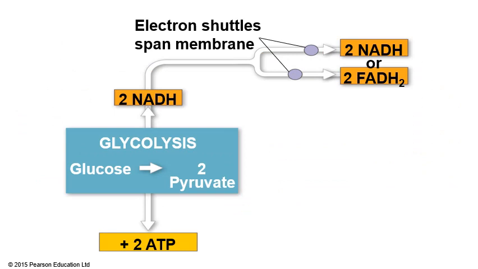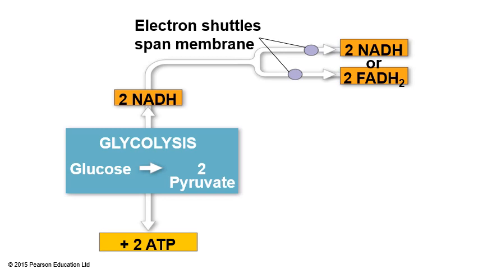The NADH produced from glycolysis is made in the cytosol, outside the mitochondrion. That's why when they use NADH from glycolysis, it has to go through the membrane into the mitochondrion.